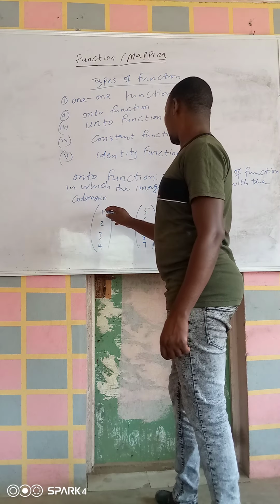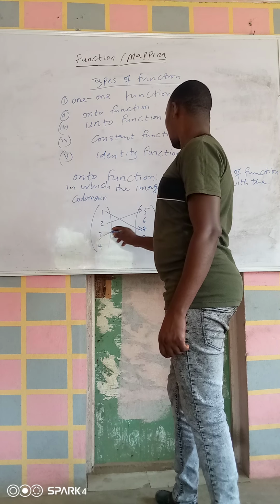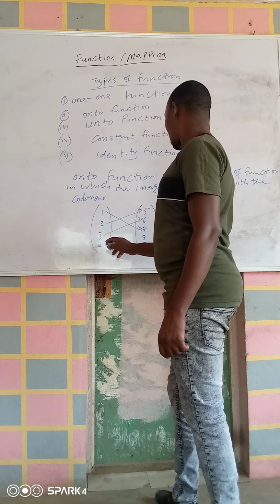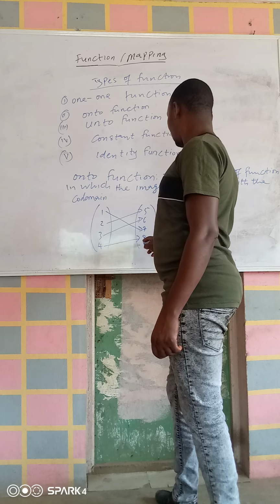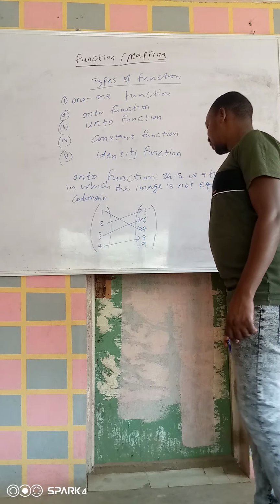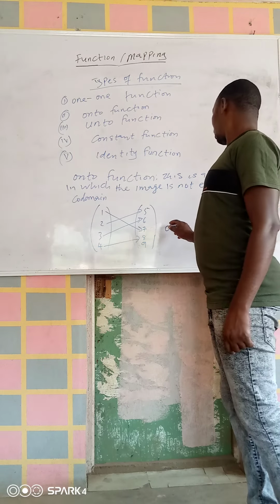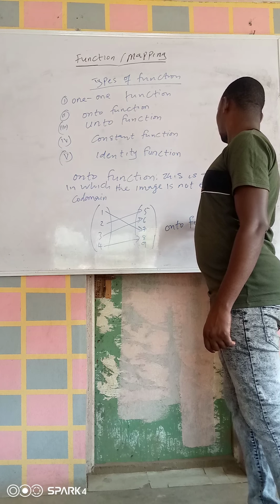Let's assume I have 1 to 7, 2 to 5, 3 to 6, 4 to 8. So 9 is free. This kind of situation we say is an onto function.